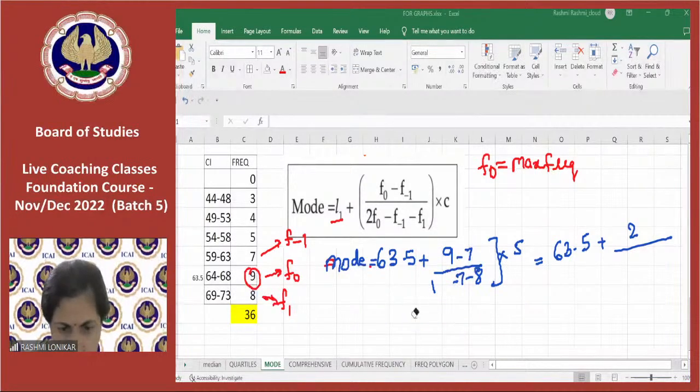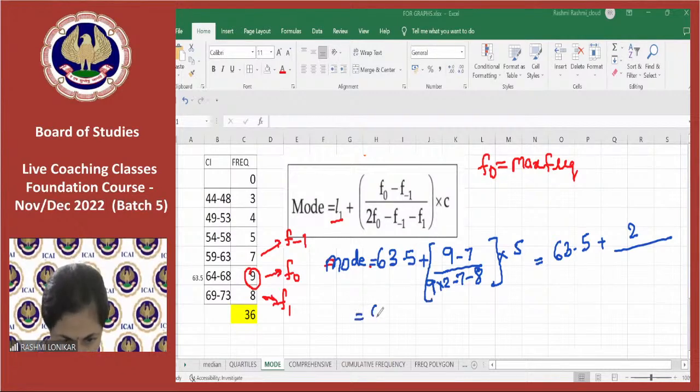Okay, it was correct. If you want, you can write down 9 into 2 minus 18.